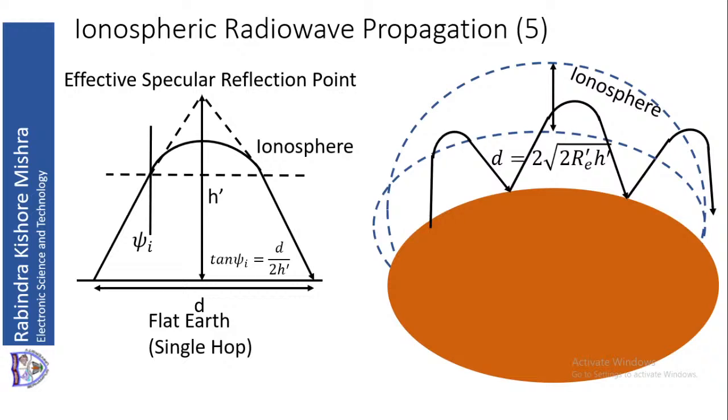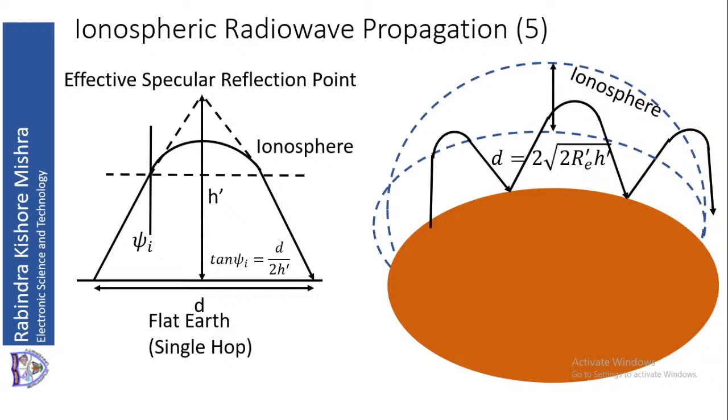So from the transmitting point it goes to the ionosphere, comes back, then gets reflected from the earth surface, goes to the ionosphere, comes back, gets reflected to the ionosphere, comes back towards earth. The third one may or may not meet the earth. It may go away tangentially. Which number of hop will go away tangentially we don't know, but we can have multiple hops.